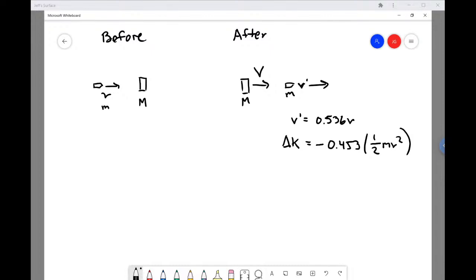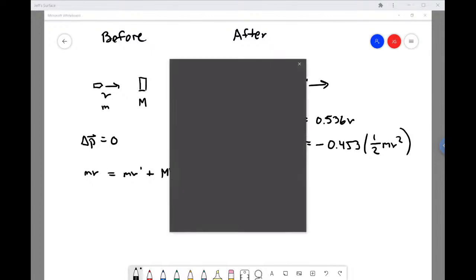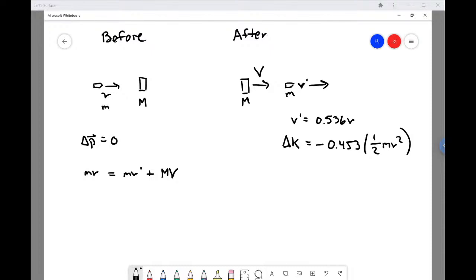All right, so with conservation of momentum, the change in momentum is 0. We can write out an expression that the momentum before the collision is little m times little v. And that must be equal to the total momentum after the collision, which is going to be little m times little v prime plus big M times big V, the mass of the paper times its velocity. All right, and so one thing we can do here is v prime is 0.536 little v, so we can put that in there.